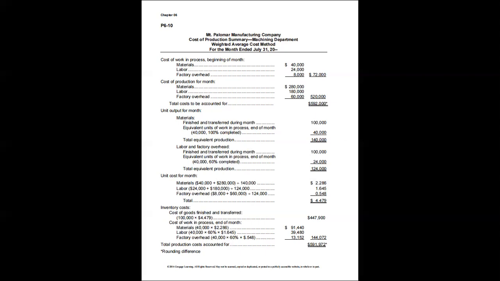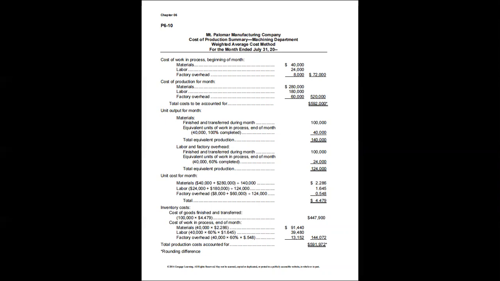For the inventory cost, we have the cost of goods finished and transferred, 100,000 finished goods times 4.479, so 447,900.